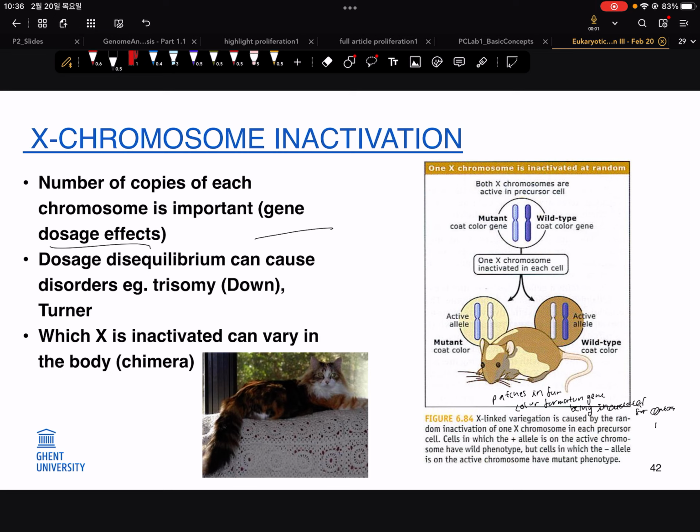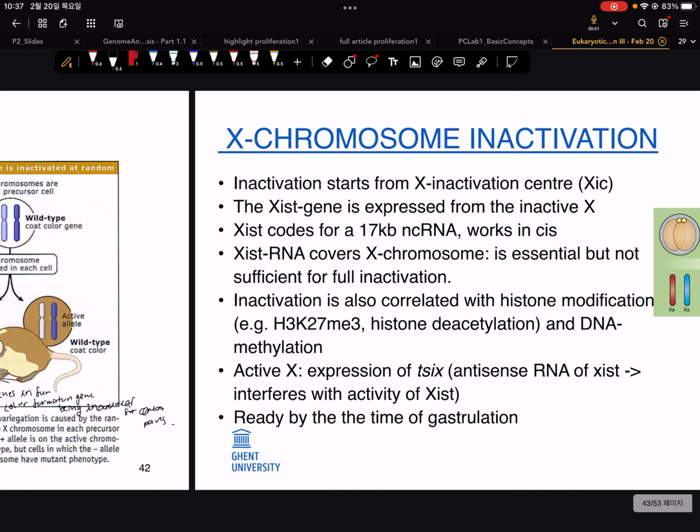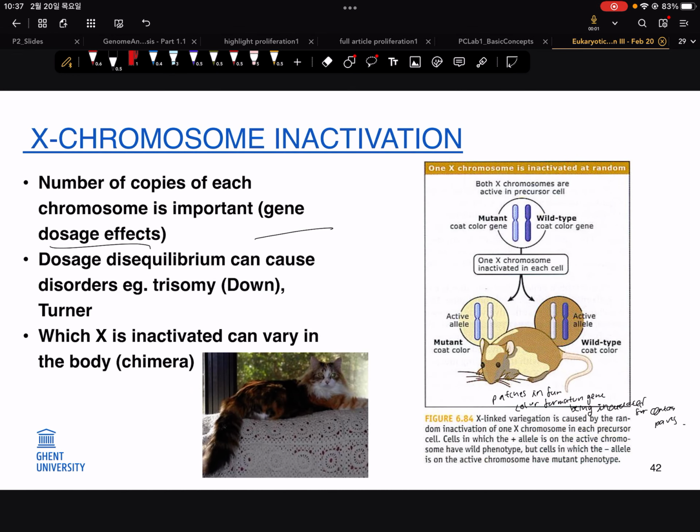You only see that in female cats, of course. So this cat, this female cat, also has a white part there, so the X chromosome inactivation explains the dark and light brown parts.